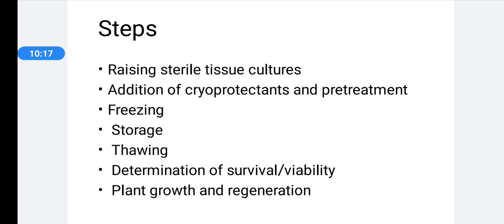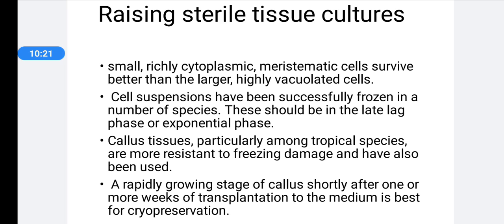The first step is raising sterile tissue cultures. So what type of cells do you have to take? You have to take small, richly cytoplasmic meristematic cells, because they survive better than large and highly vacuolated cells. And cell suspensions are easier to freeze because they are more successfully frozen. So if you are taking cell suspensions, then they have to be in the late lag phase or exponential phase.